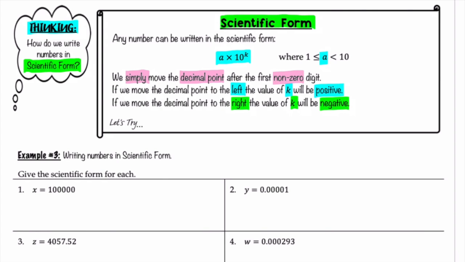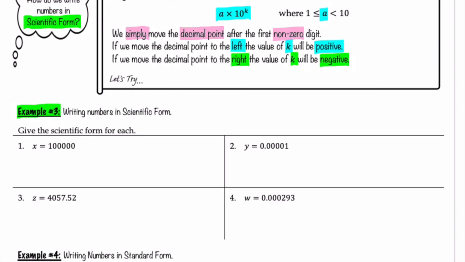So let's try these. Example number 3, writing numbers in scientific form. Give the scientific form for each. So for number 1, we have been given x is equal to 100,000. I am going to take my decimal point, which is in back, and I'm going to move it 5 places to the left, making that number 1 times 10 to the 5th power.